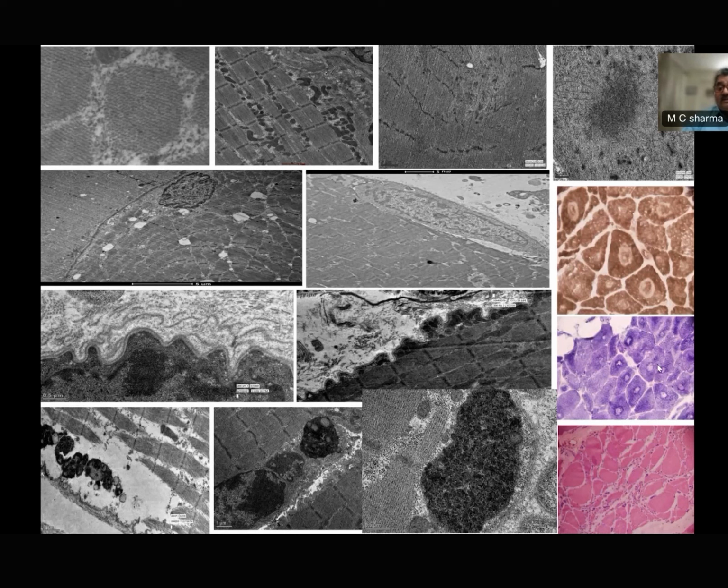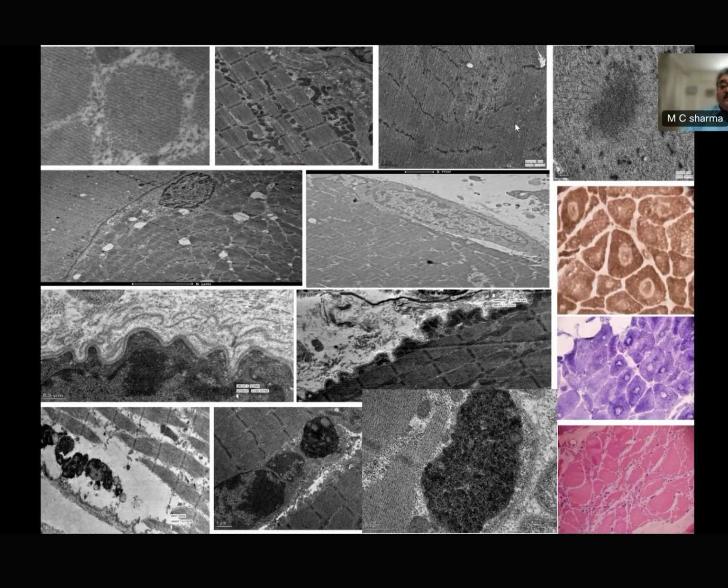This will appear like a central core. Those who are not aware of these targetoid fibers see the central core, but you don't get this very intense periphery. Here it is very intense. In central core disease or multiminicore disease, these are punched out areas which are very homogeneous.